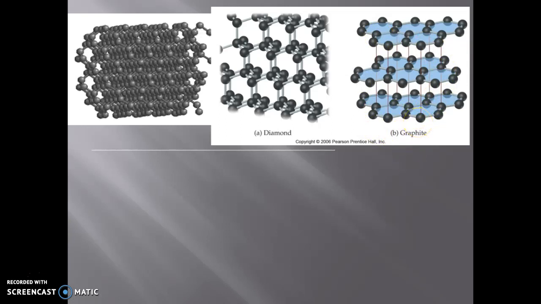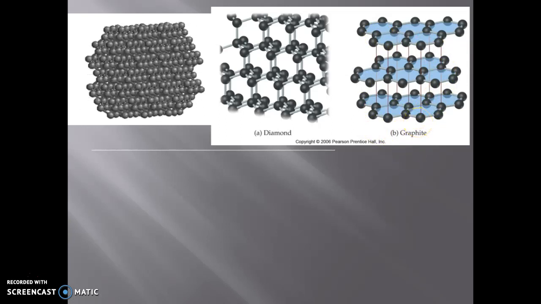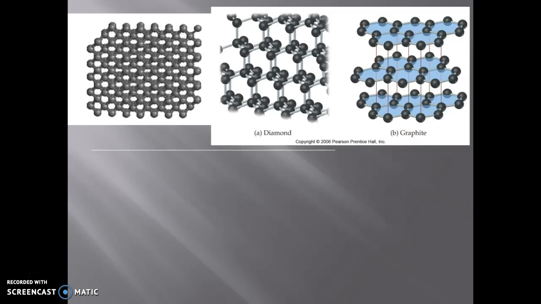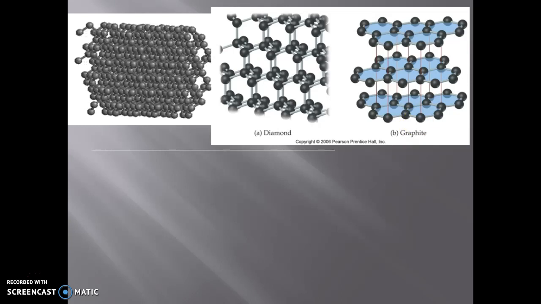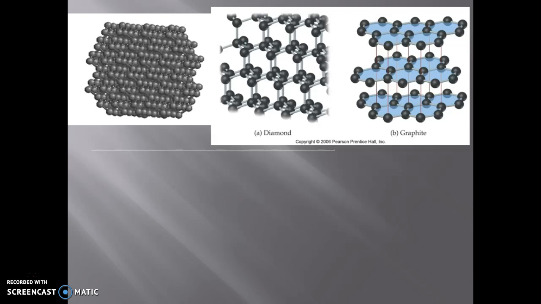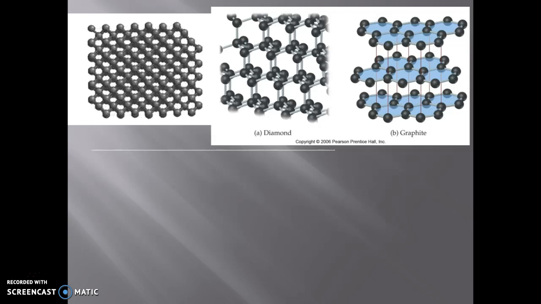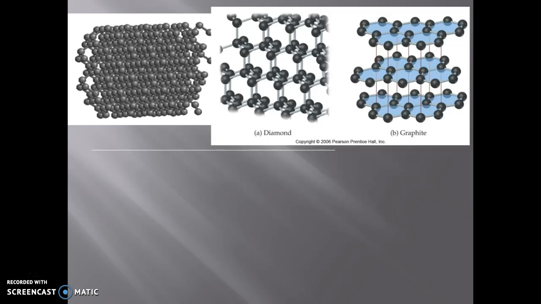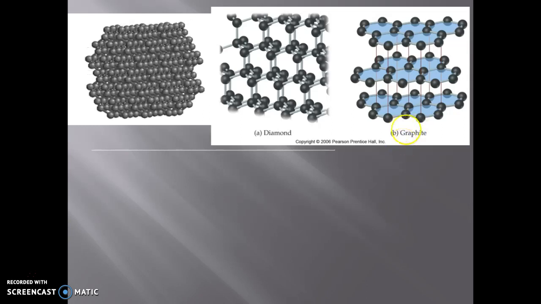That one extra electron that's not involved in covalent bonding is the reason why graphite will conduct electricity, because it will flow from atom to atom to atom, just like what happens inside a metal.